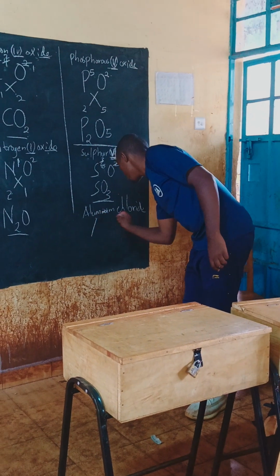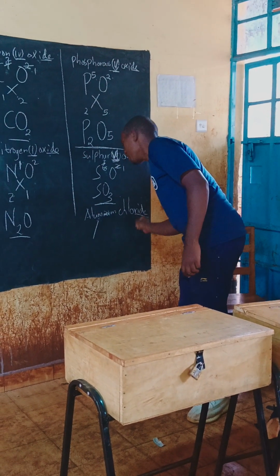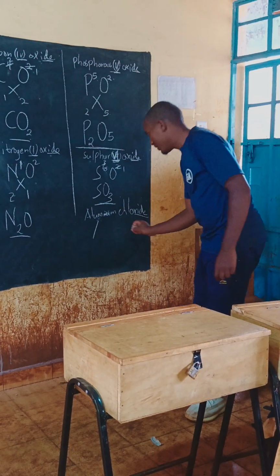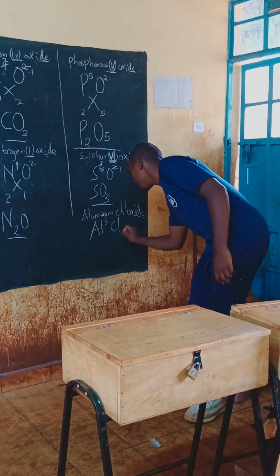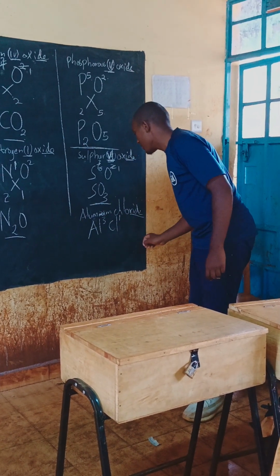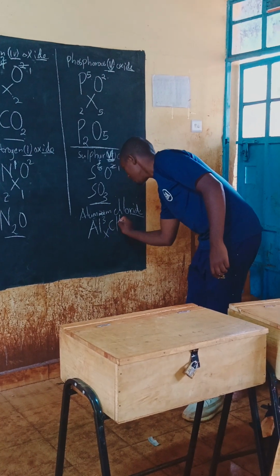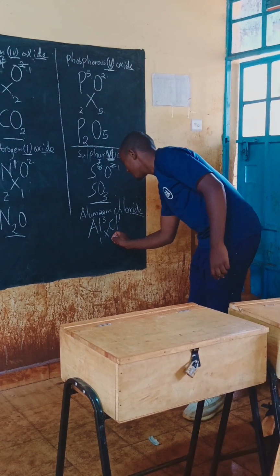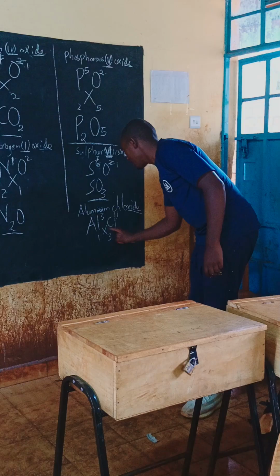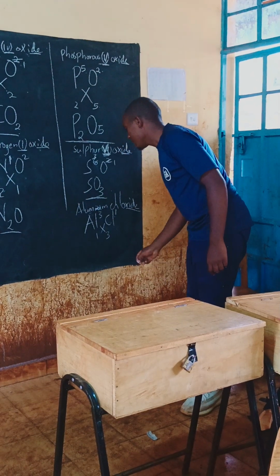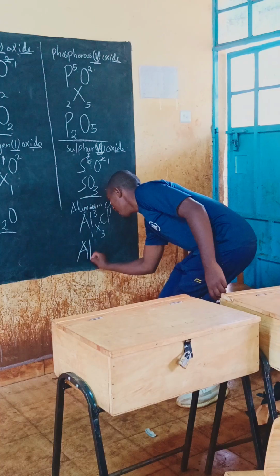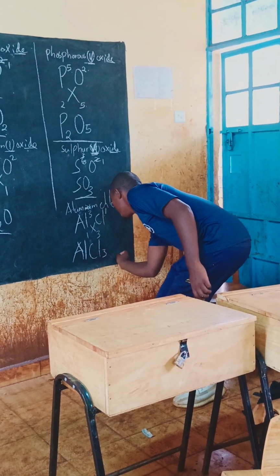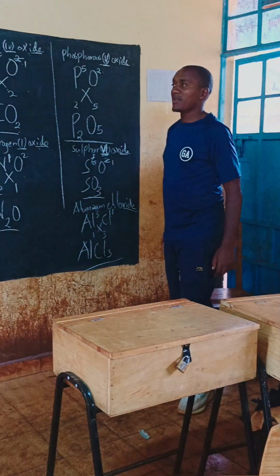It contains aluminium and chlorine because it ends with IDE. Aluminium Al valence 3, chlorine Cl valence 1 because it gains 1. So exchanging, 1 comes as a subscript and 3 comes as a subscript of chlorine. Therefore the formula is AlCl3. That's the formula of aluminium chloride.